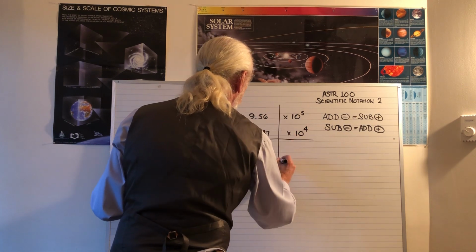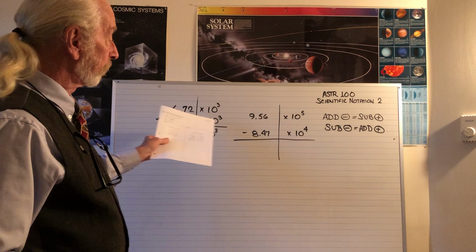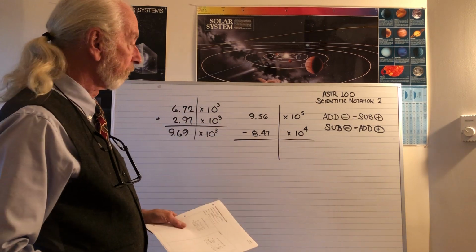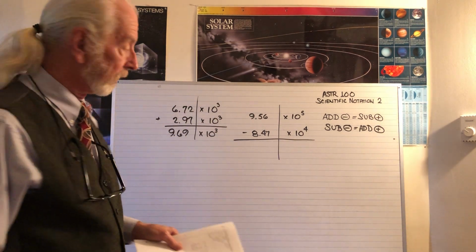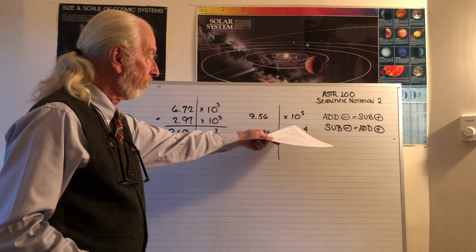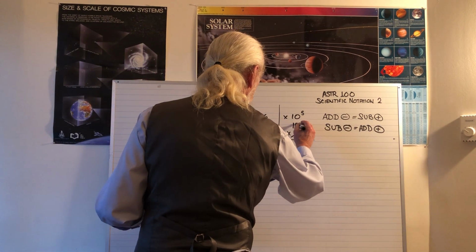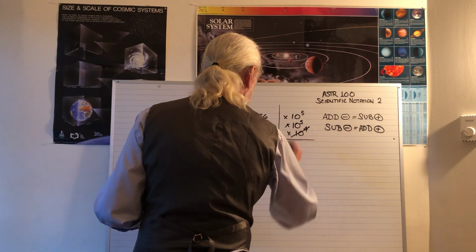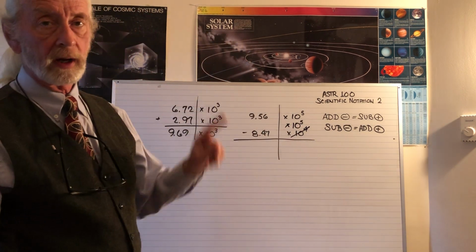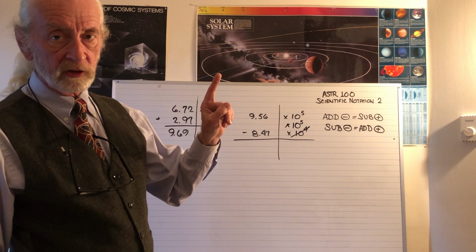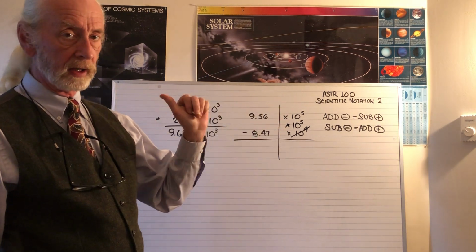Stack them, split them. Now, I spread those out so I could give myself a little room. Now, here's where the cheat comes in. I'm going to change 10 to the fourth to 10 to the fifth so that they match. Now, my exponent went up, which means my decimal point is going to move to the left.